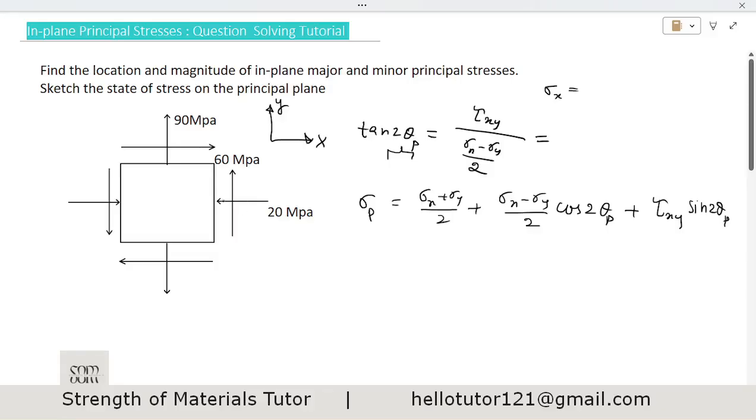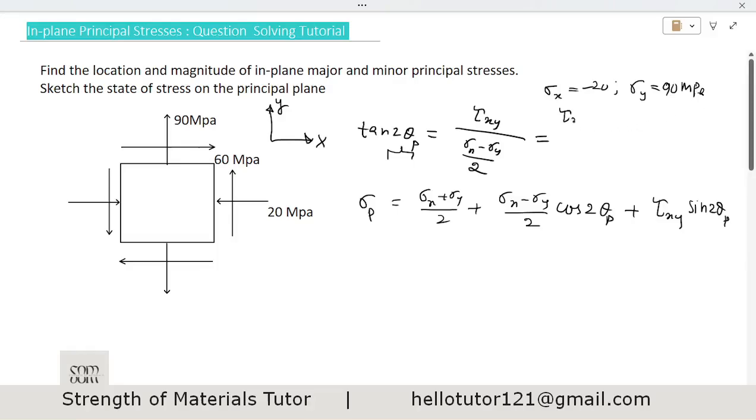Sigma x is opposite to the positive direction, so it is minus 20 megapascal. Then we have sigma y, which is towards the positive direction, so it is positive. Sigma y is 90 megapascal.